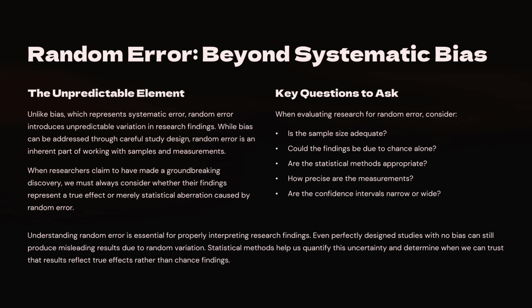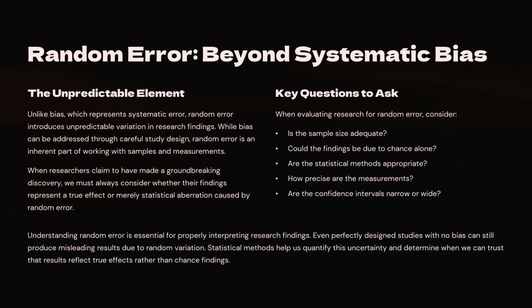So Rambo Man's great for systematic bias, but what about error that still occurs, which is always going to occur in studies to some extent, to some form, and it's called random error. No matter how well you design a study, there's always likely going to be some sort of random error occurring in it to some extent, but usually can be minimized.